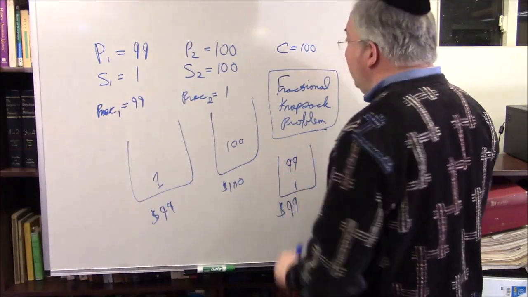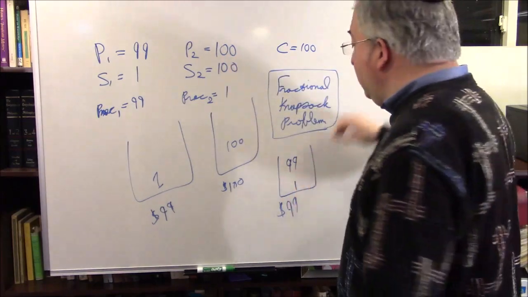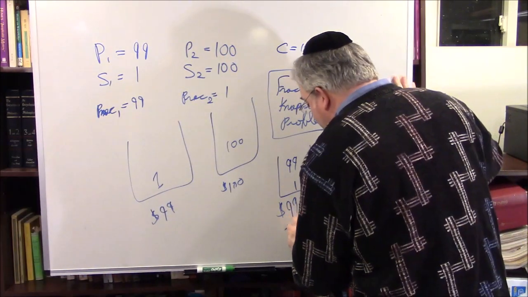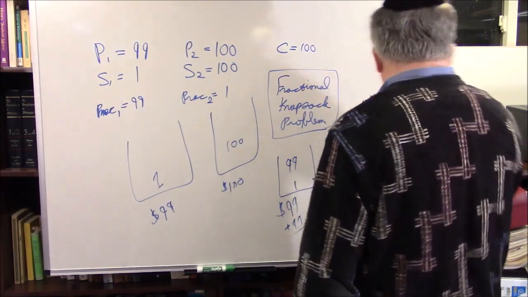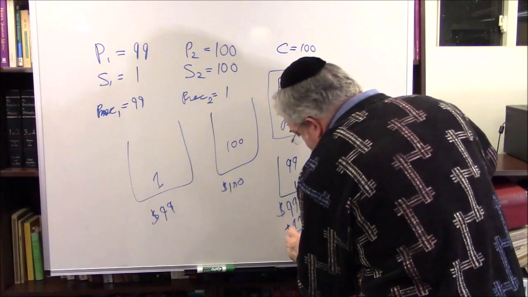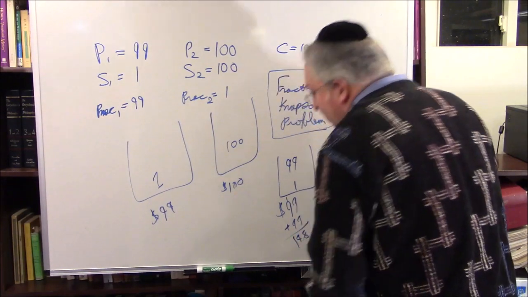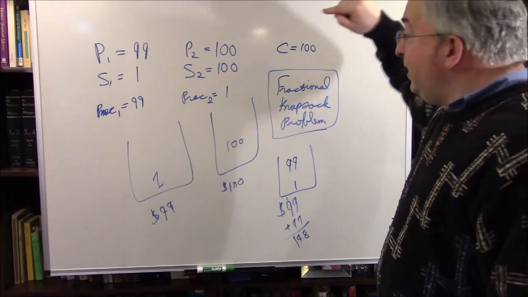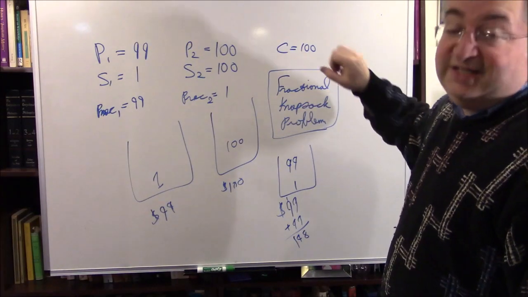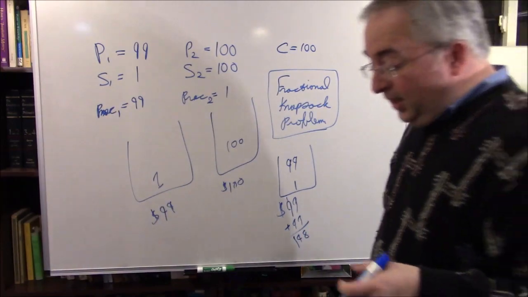I'm not going to get all $100 because I didn't take all of them, but I get 99 other dollars, and if I add that together, I get 198. So the fractional knapsack problem is an easier problem because I'm allowed to break up what I'm taking.